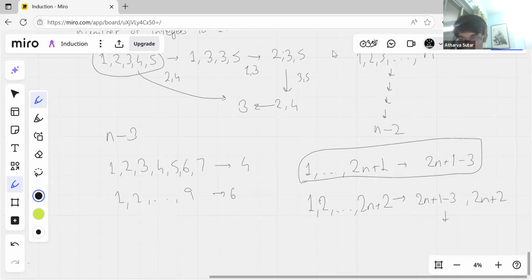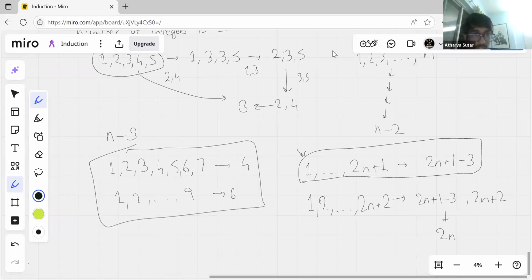This is basically 2n minus 2 and 2n plus 2, so you can reduce this to 2n. So what we have proved is that if it's true for odd numbers, then it will be true for even numbers also. Now we just need to prove this statement. You are given this information, so what do you think we should end up with?